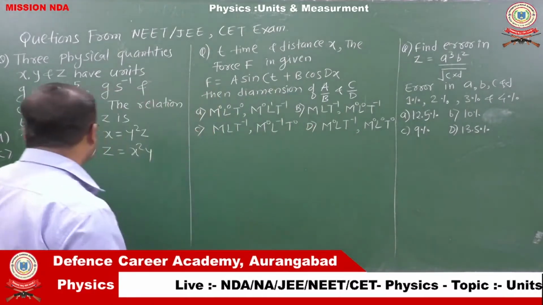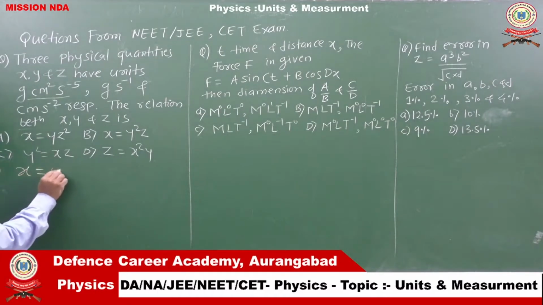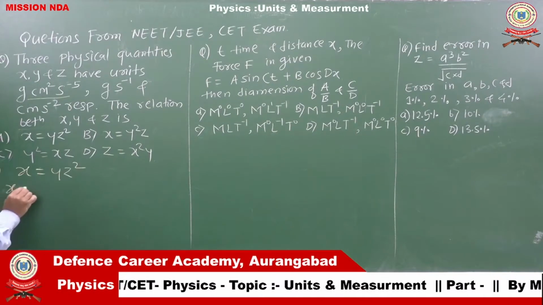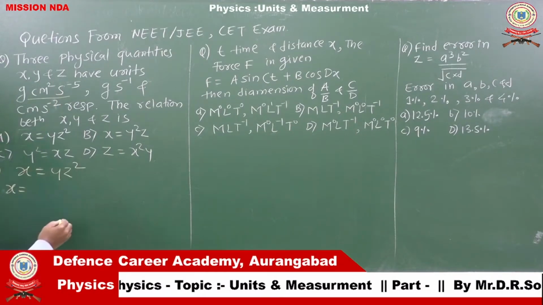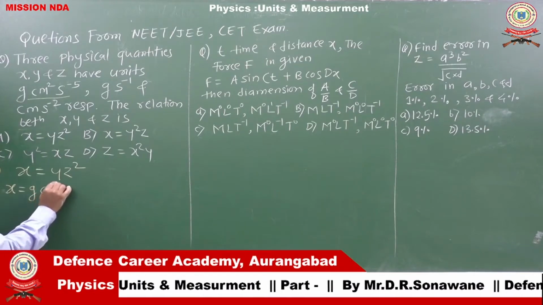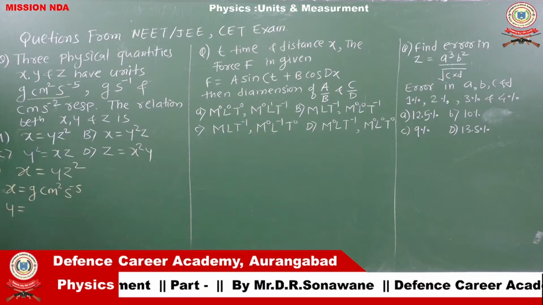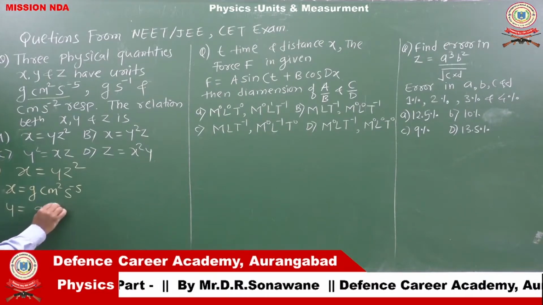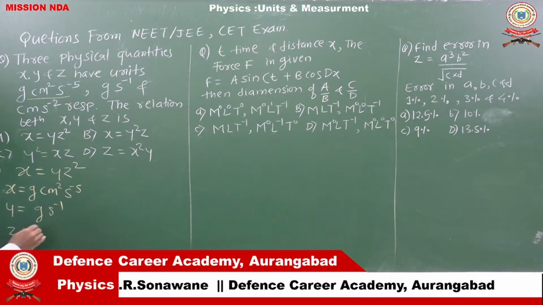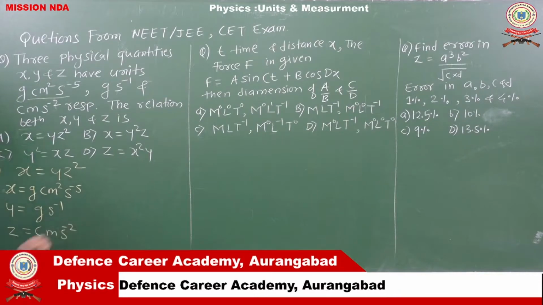So if I take the relation x equals y z square, I can write the unit of x as gram centimeter square second to the power minus 5, then y is gram second to the power minus 1, and the unit of z is centimeter second to the power minus 2.